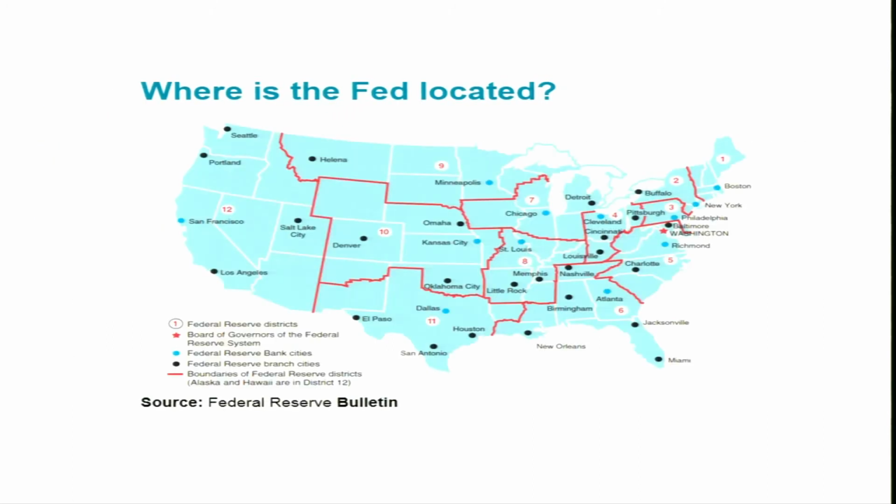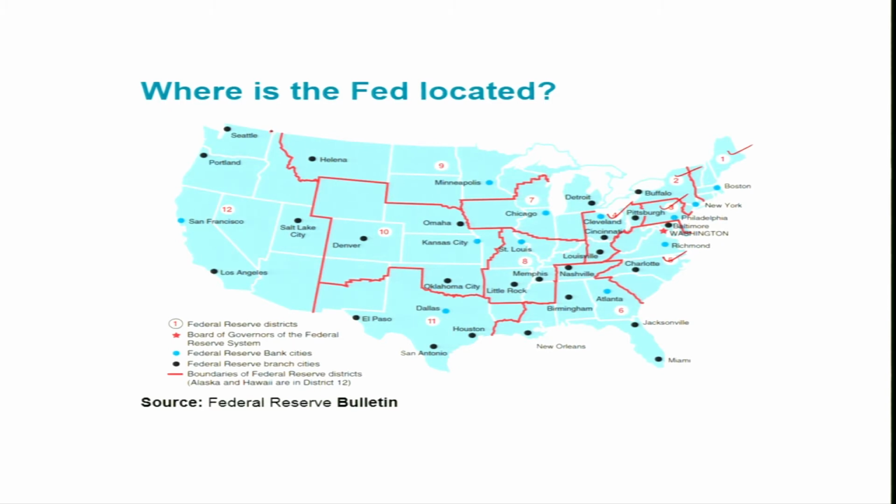So, where is the Fed located? You can see here that there are 12 Federal Reserve Banks. That is called the Federal Reserve District. You can see that there are 12 banks starting from here, and so on. That means they are located across the country, so we can also call them regional banks.